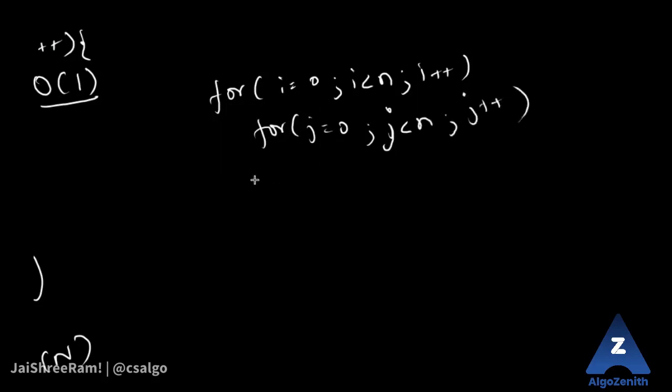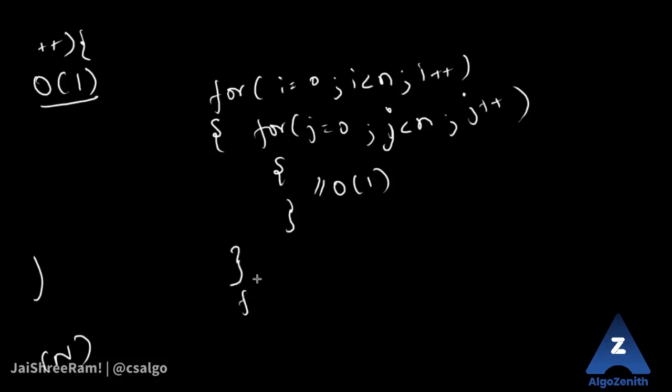Okay, and then this loop ends, this loop ends. There is some order 1, I mean constant work, right? Because we know that multiplying by a constant doesn't change anything. That doesn't change the polynomial. So this is just order 1 work.